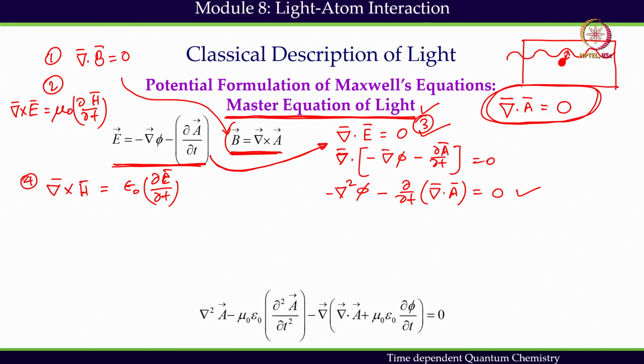We can also write this as curl of B equals mu naught epsilon naught dE/dt, because B is nothing but mu naught H.